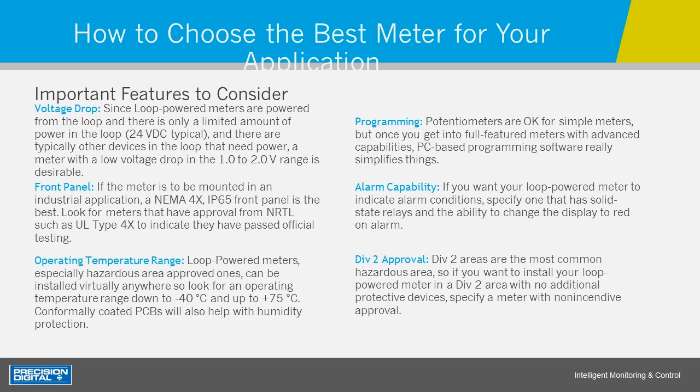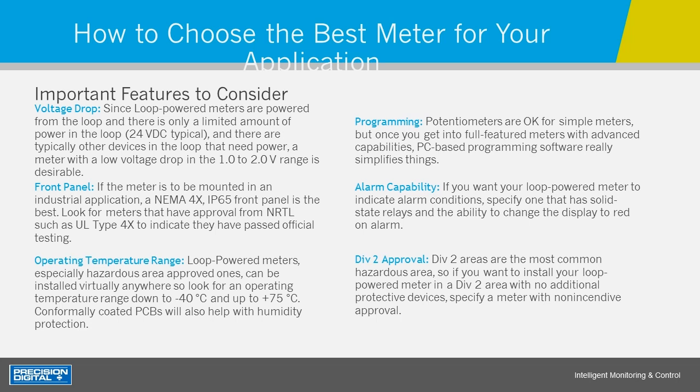Operating temperature range is another critical issue with loop-powered meters. Because they have LCDs in them, those LCDs have a tendency to freeze and stop working once you get below 0. Now, Precision Digital's loop-powered meters are designed for these kinds of environments. So our Loop Leader goes down to -40, keeps updating, keeps the information on the display. But that is rare out there.